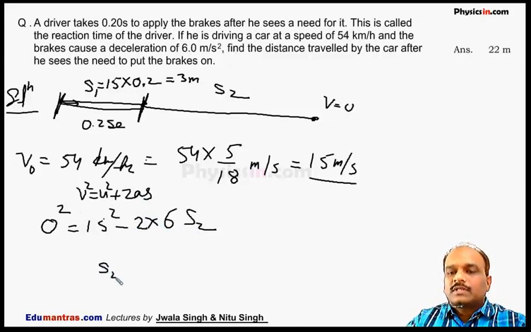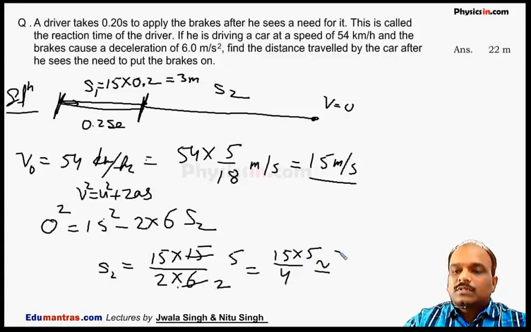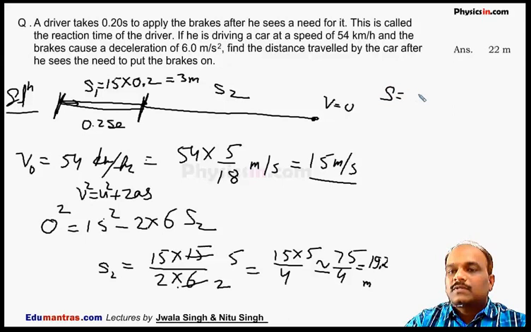So s2 is equal to 15 into 15 divided by 2 into 6. So it is 15 into 5 divided by 4, that is 75 by 4, which is 18.75, approximately 19.2 meter. So the total distance traveled by the car is 3 plus 19.2 meter. So the answer is approximately 22 meter.